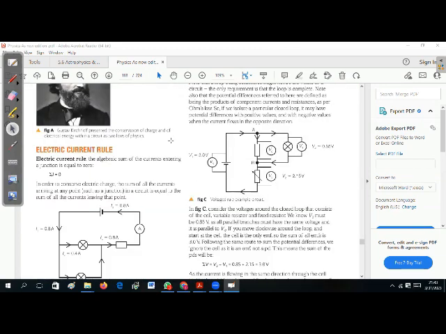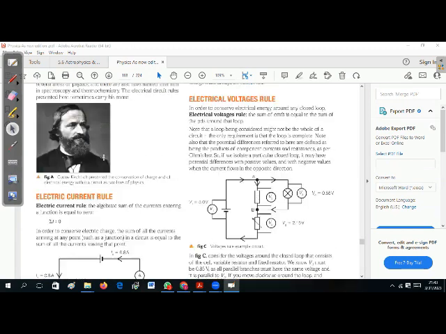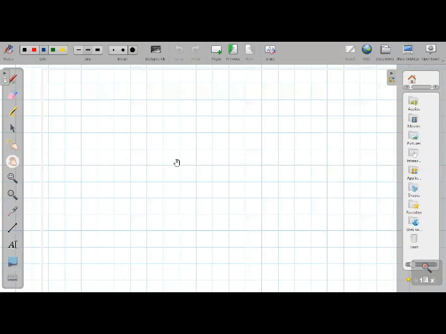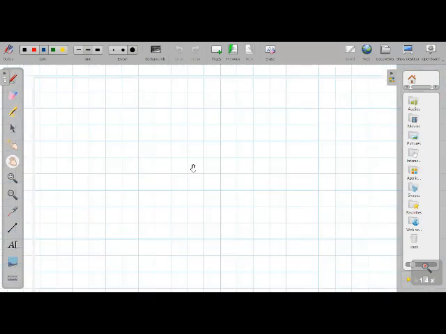Okay, I'll explain it using a different diagram. This one is a real sheet. In a certain circuit, there might be this type of junction. I1, I2 and I3 carry the current away, and I4 the same way.